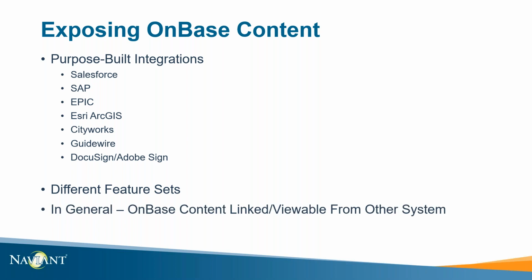In general, what we're talking about here is that OnBase stored content is going to be linked and exposed through that third-party system for viewing and/or retrieval. As I mentioned, there are different feature sets here, so it's going to vary somewhat depending upon each of these different systems and what those actual capabilities are.